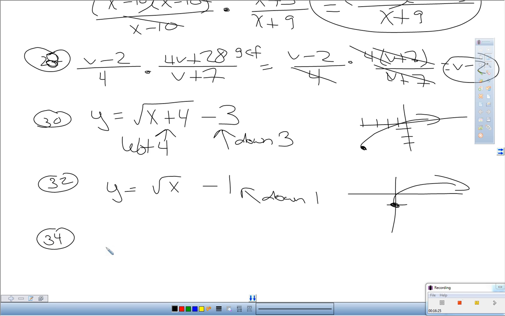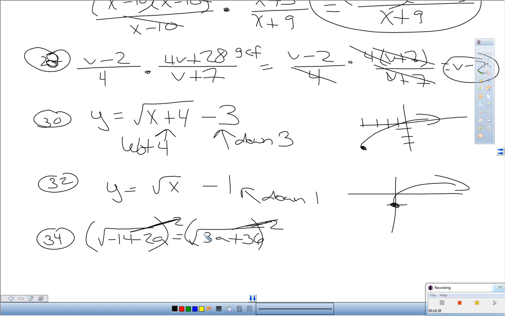For 34, you've got the square root of negative 14 minus 2a equals the square root of 3a plus 36. Start by squaring both sides, because that'll cancel out the square roots, and that'll leave me negative 14 minus 2a equals 3a plus 36. And now just solve for a.